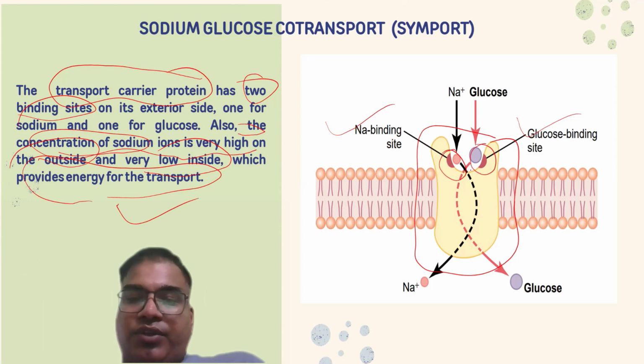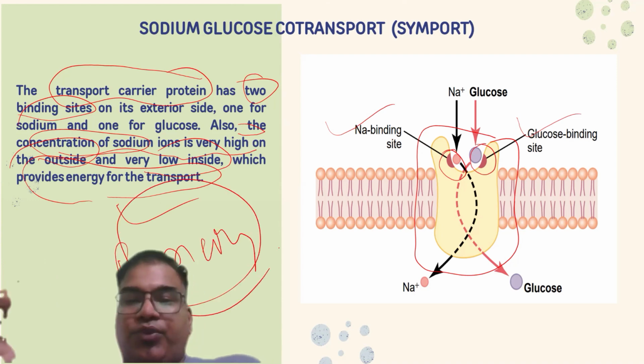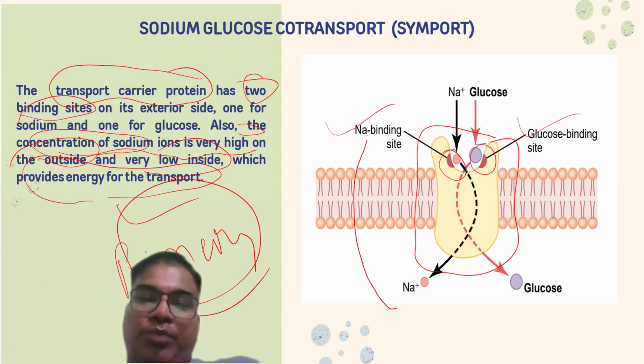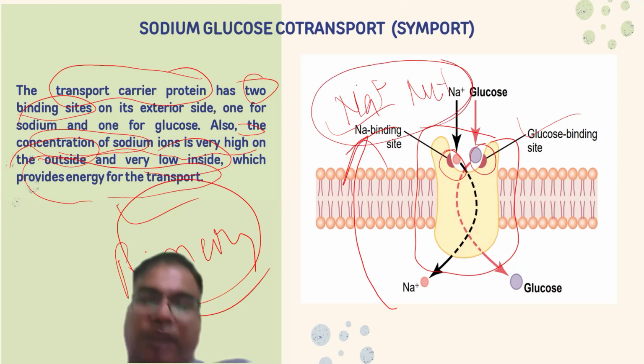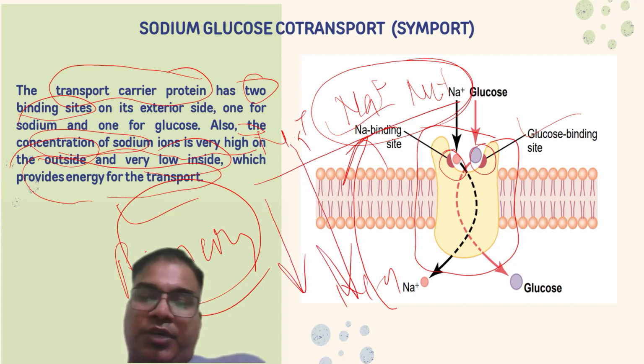Basically, why is this concentration gradient generated? Because in primary active transport, by the help of the sodium potassium pump, sodium was moved against the concentration gradient, so there is an increased concentration outside the cell. Due to this, there is a generation of a gradient. This gradient is responsible for the movement of these sodium ions.